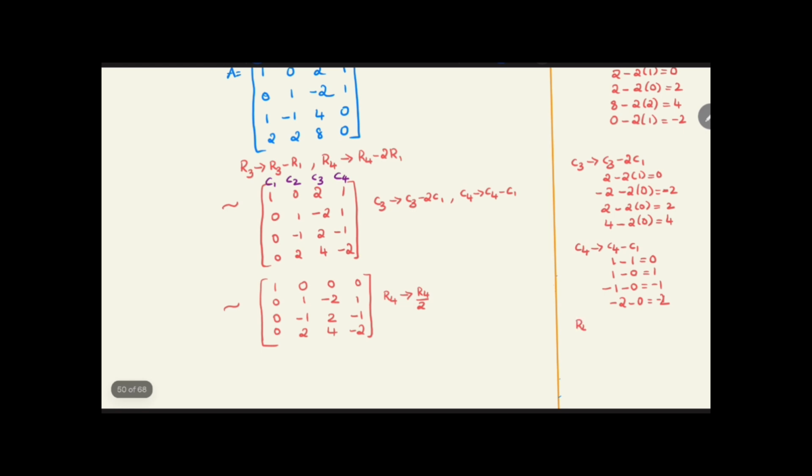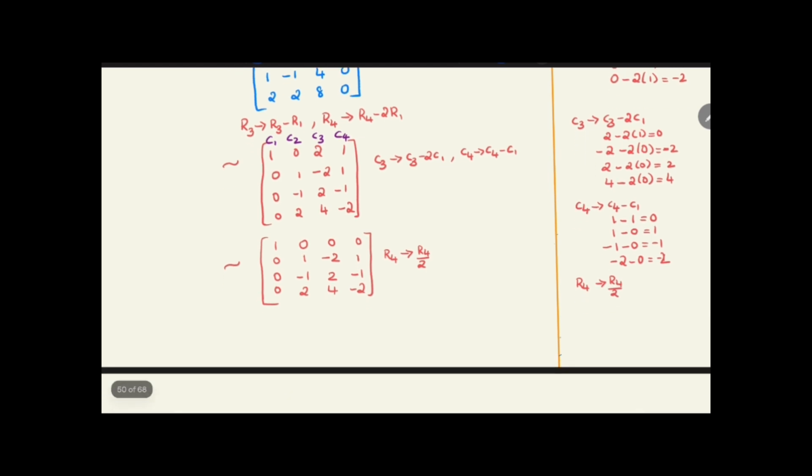So first element of R4 is 0 by 2, it is 0. Second element is 2 by 2, it is 1. Okay. Third element is 4 by 2, 2. And the last element is minus 2 by 2, it is minus 1.